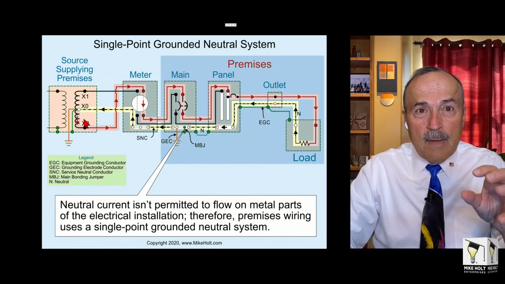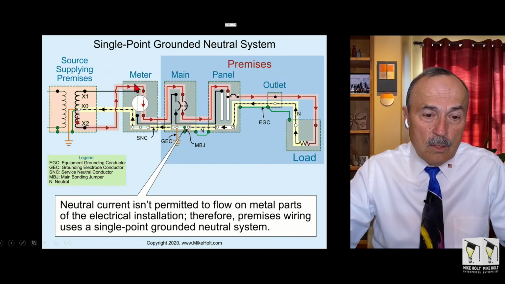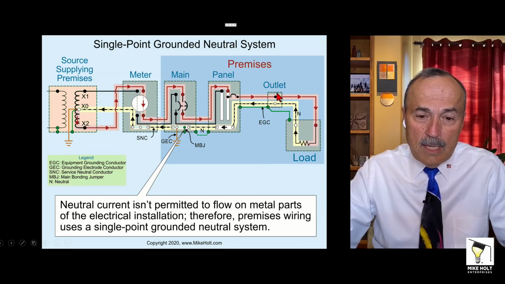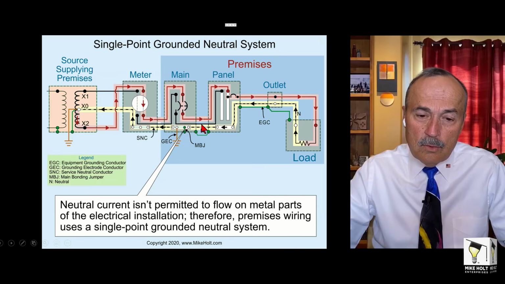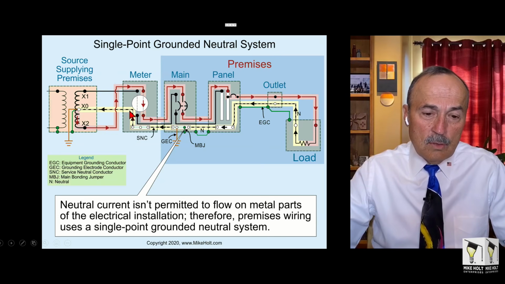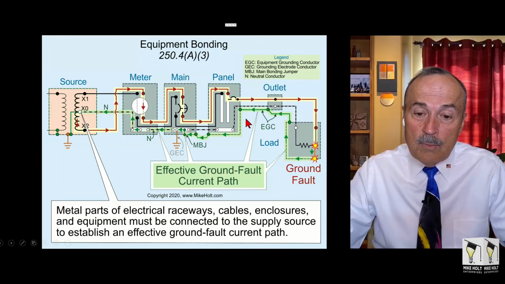It uses electromagnetism and it forces the electrons to leave the power source, and it goes through the meter, through the main, through the panel, through the outlet, back over through the load, back on the neutral conductor, getting back to the neutral bus, getting back to the service neutral conductor, getting back here, and guess what? In other words, it isn't that on the equipment grounding conductor.